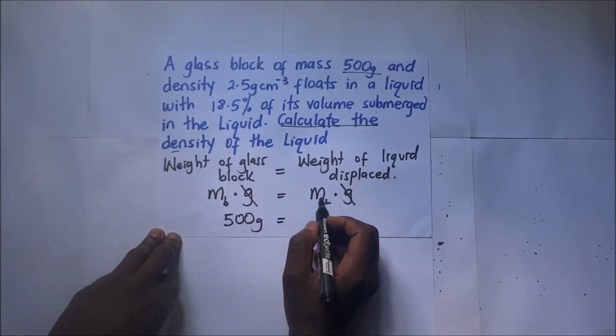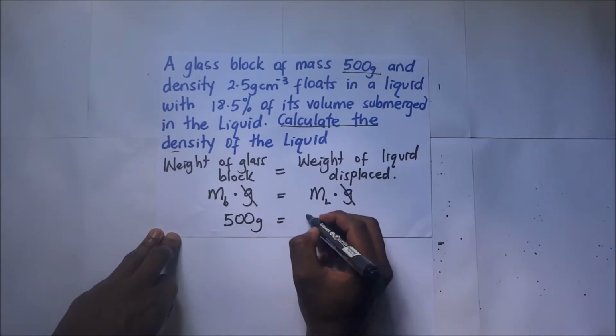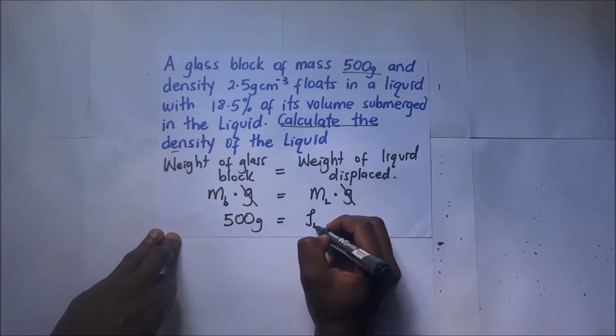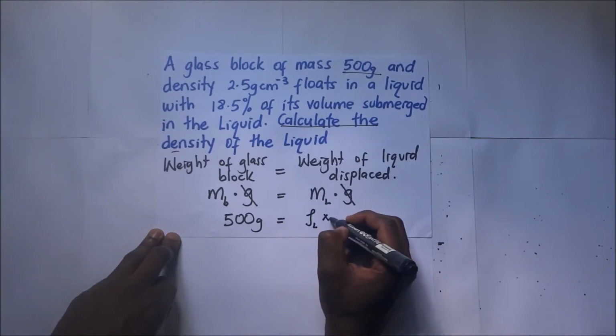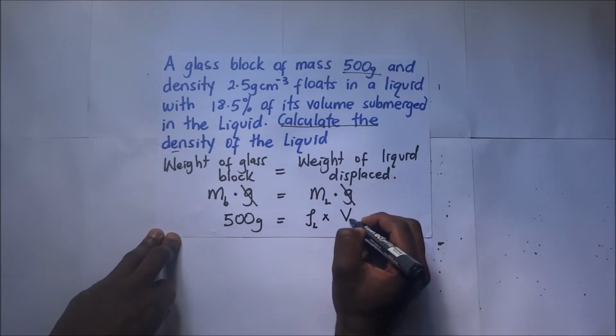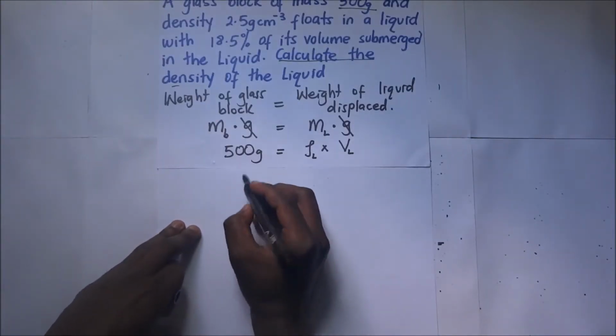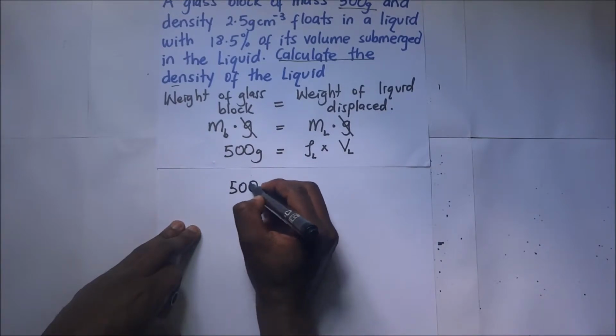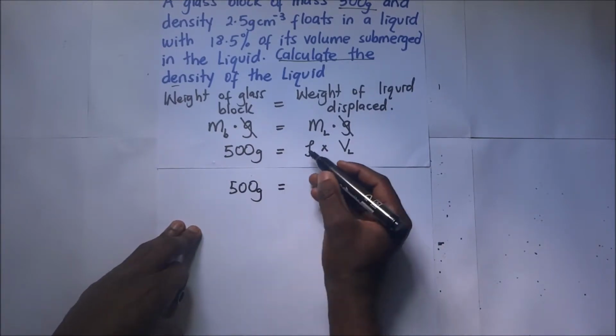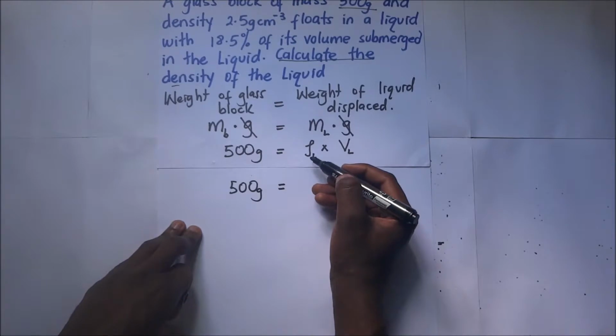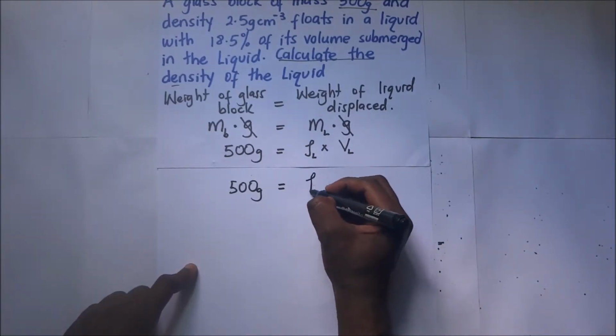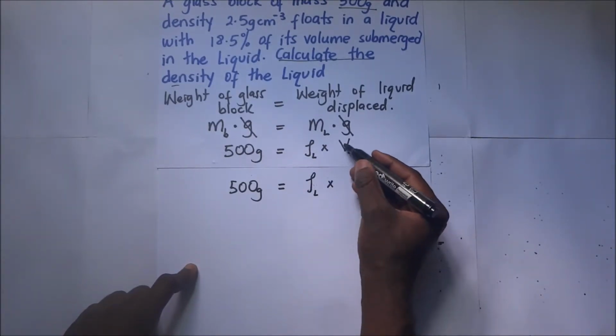So the mass of the liquid is given by the density of the liquid multiplied by the volume of the liquid. To continue with our calculation, 500 grams is going to be given by the density of the liquid, which is what we are looking for, multiplied by the volume of the liquid.